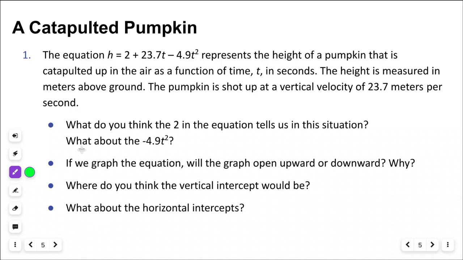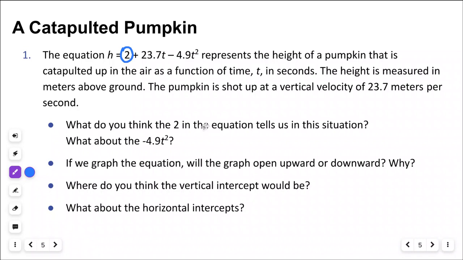The first question is talking about what these numbers in this equation mean. This goes back to this exact lesson we had done on stories of quadratic situations like throwing objects. And in that lesson, we had talked about what each part in your quadratic equation represents. This 2 right here, your constant, represents where that object is starting.